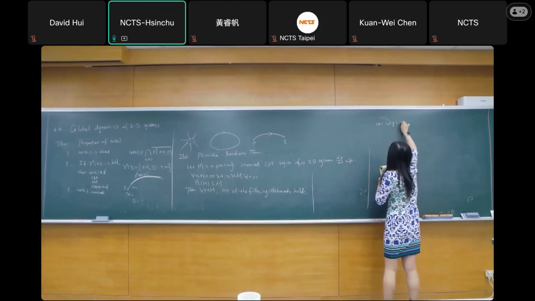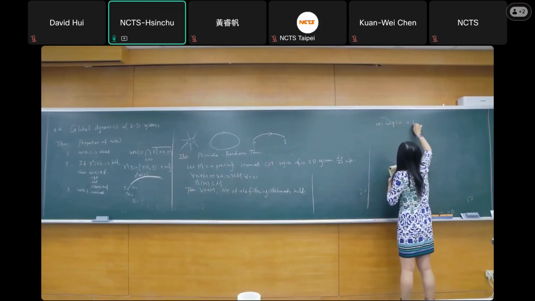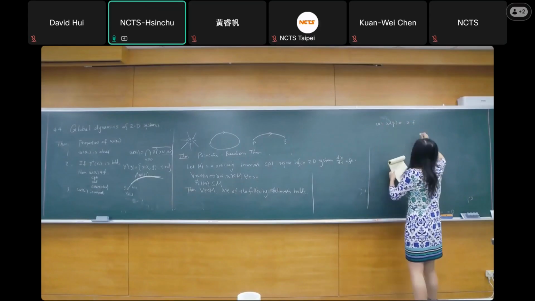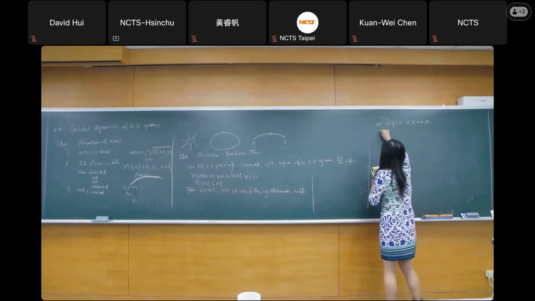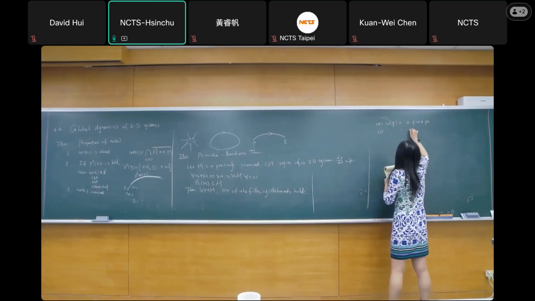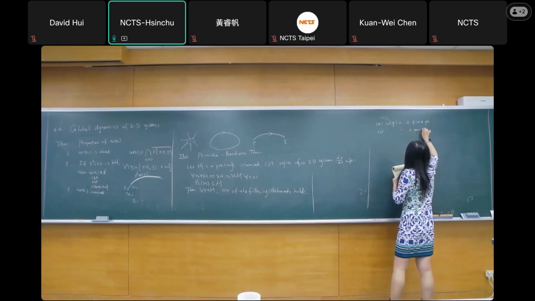At P, the omega limit set could be a fixed point, an equilibrium solution. That's not surprising. And this also could be a periodic solution.